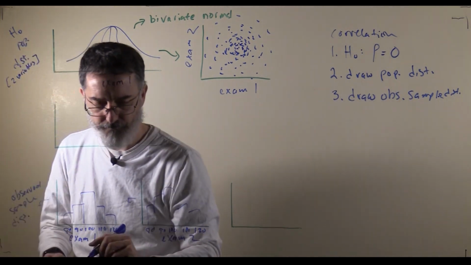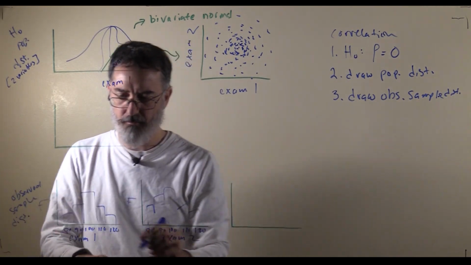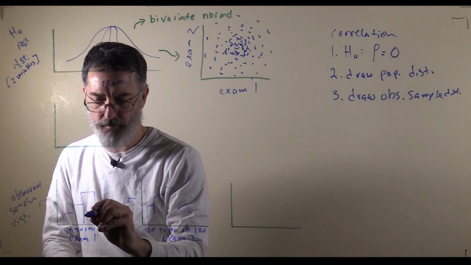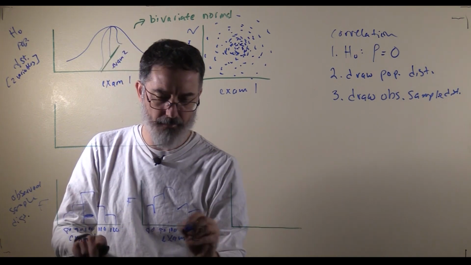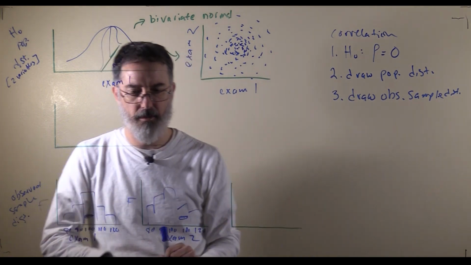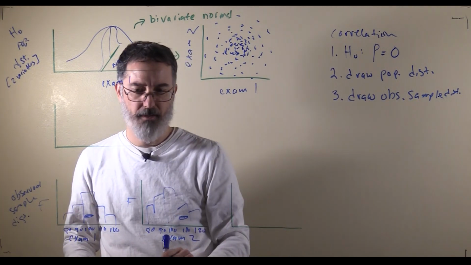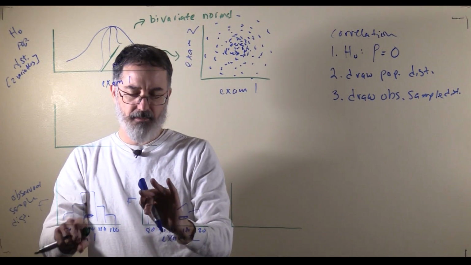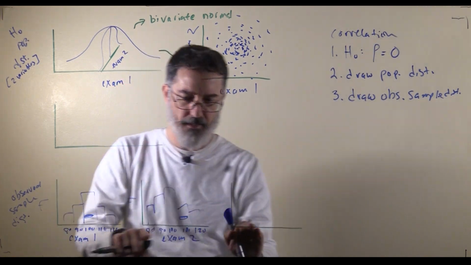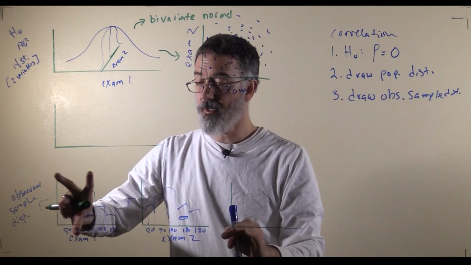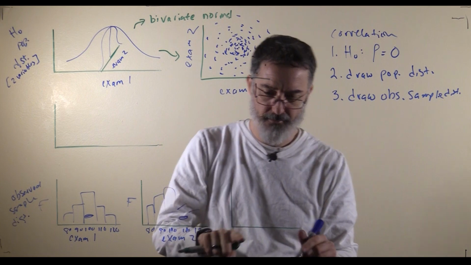Right, so these are individual scores, and so this might be a particular person's score on exam 1, and that same person maybe got this score on exam 2. Right, so these are the same people that did both exams. And because it's the same people that have 2 scores each, we can actually redraw these distributions as a scatter plot.